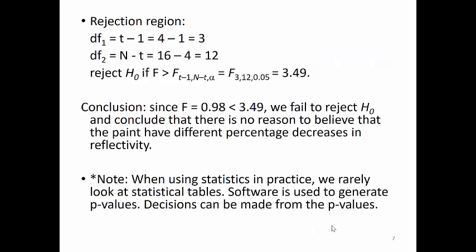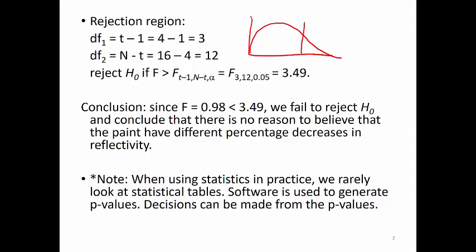Now you'll notice that one way of doing the rejection rule, and we'll do this here, but this is probably the last time we'll do it this way, is you could go to the F distribution and figure out a cutoff that would give you an idea about where you would expect for an F test that has 3 degrees of freedom for the numerator and 12 degrees of freedom for the denominator.